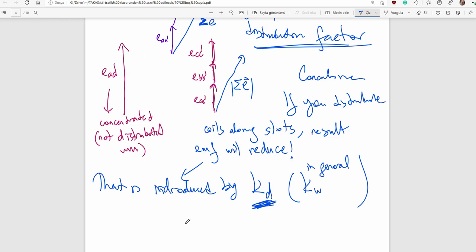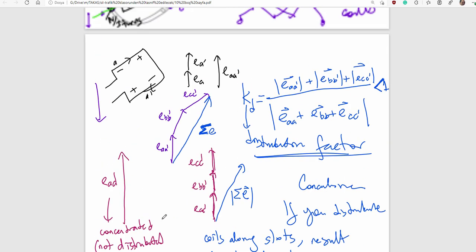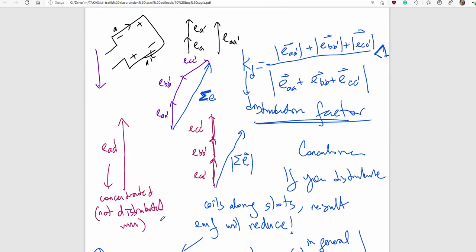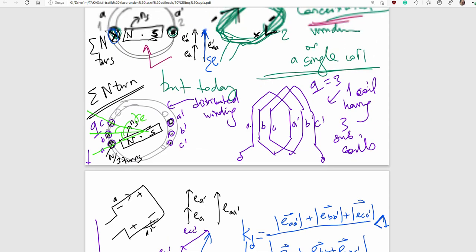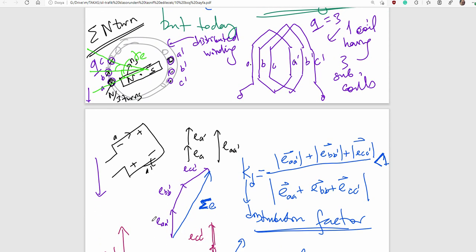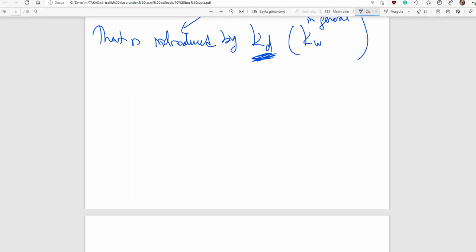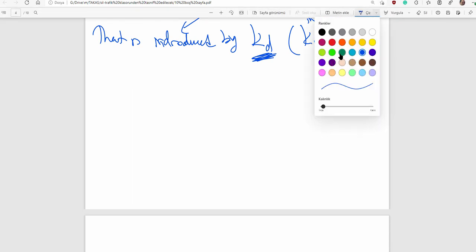But there are some other parameters changing the magnitude of the resultant EMF. Okay, what is the value? What is the equation? How can we calculate that reduction ratio? How can we calculate the distribution factor? Okay, let's start.